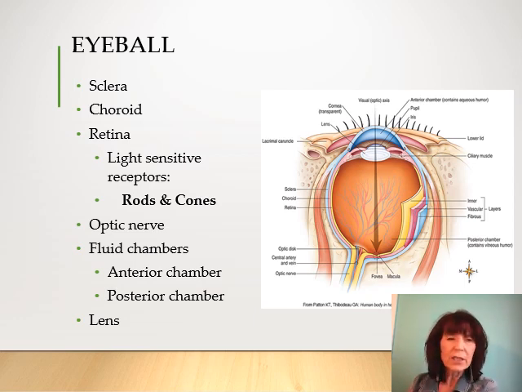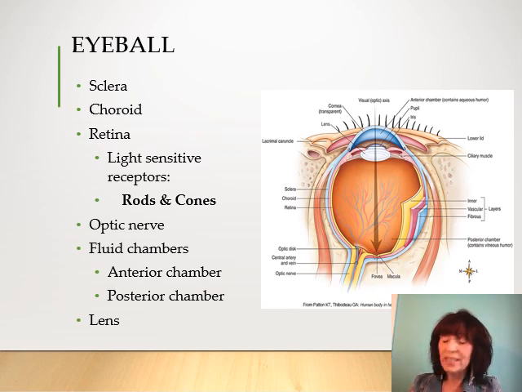All right, so let's talk about the fluid chambers, the anterior and posterior chambers. Now these are really important when we start talking about some disease processes. So the anterior chamber is filled with aqueous humor, a clear watery fluid.